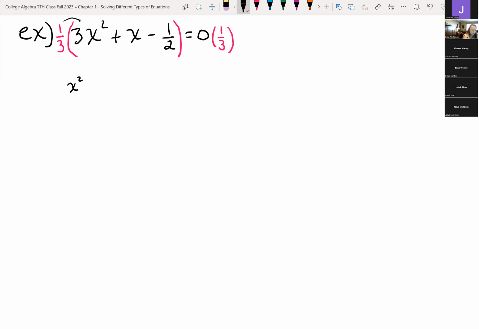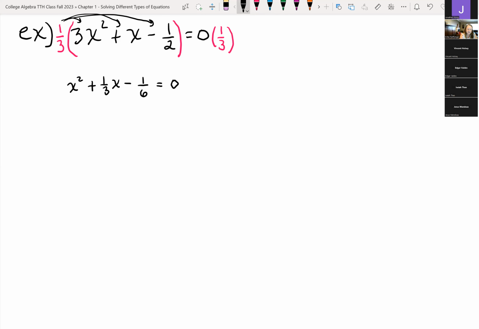If I distribute the 1/3 times x, nothing cancels, so it's plus 1/3 x. Distributing the 1/3 times negative 1/2 gives us minus 1 over 6, is equal to 0 times 1/3, which is 0. So the coefficient in front of the x squared is 1.